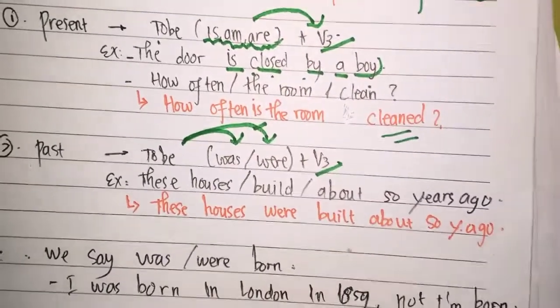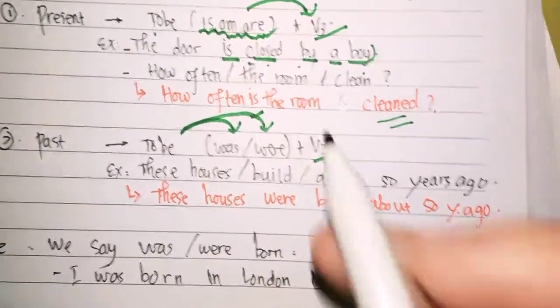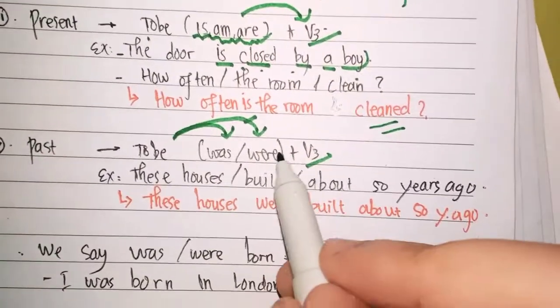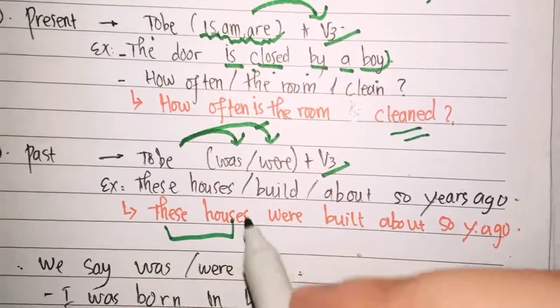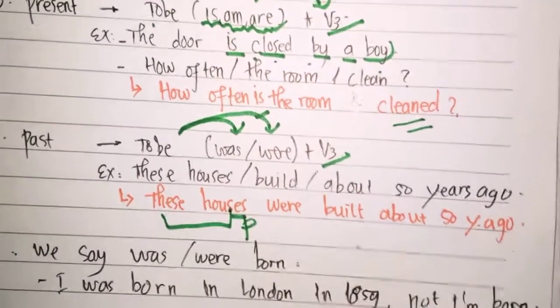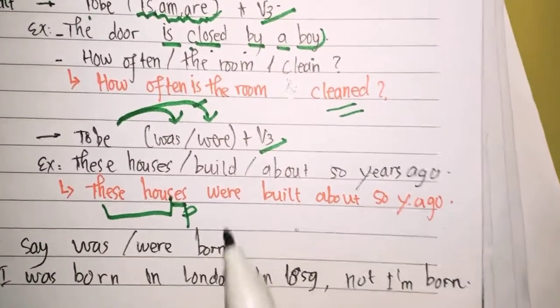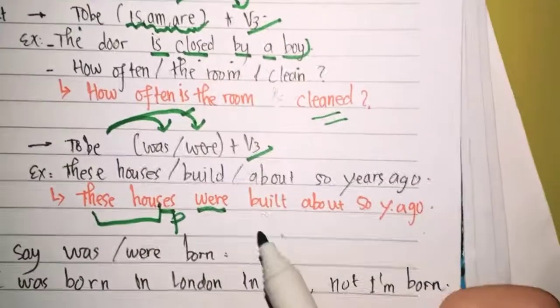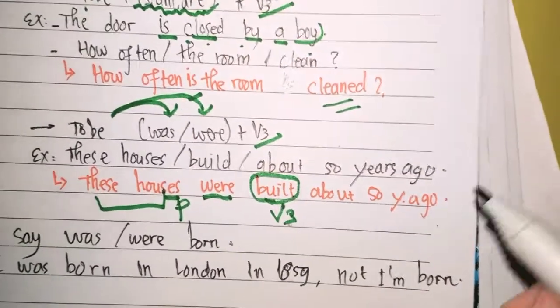How to change this into passive voice? Kita letakkan these houses. Build ini adalah kata kerja. Kata kerja harus digunakan to be terlebih dahulu. To be dari these houses ini adalah plural ya, karena we know that this is many houses, banyak rumah. So plus were, built, this is verb 3, about 50 years ago.